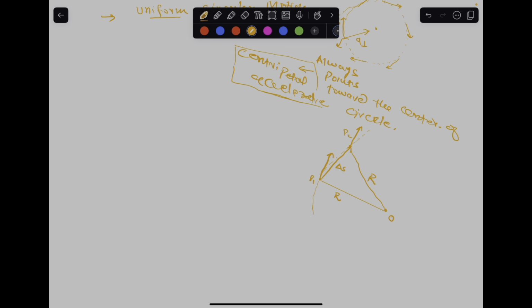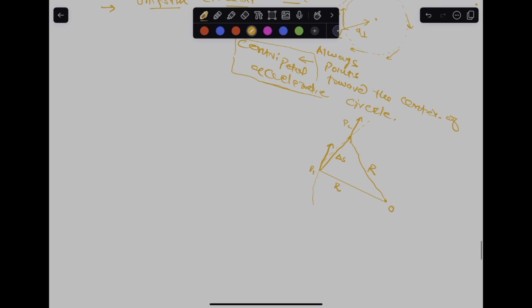So if we see this making a triangle, and if we further extend this, this thing is equivalent to this thing, so these two triangles are similar.